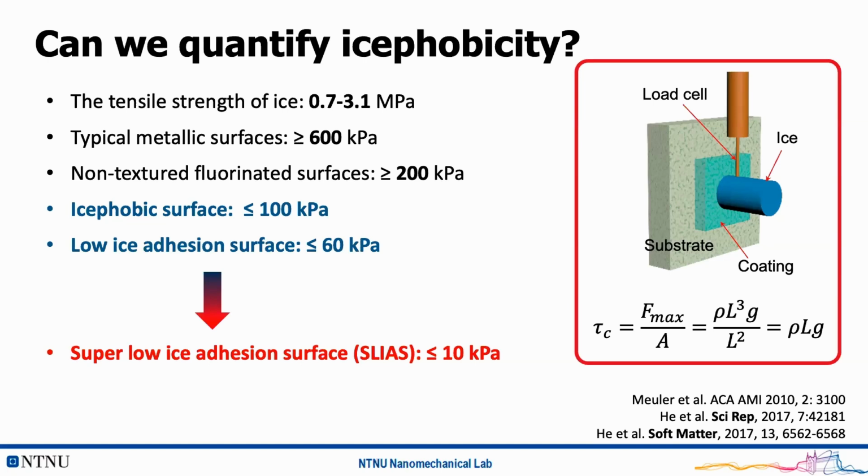Talking a little bit more about that, the ice itself has a tensile strength of up to 3 megapascal, while a typical metallic surface, without any surface structuring, has an ice adhesion larger than 600 kilopascal. A polymer surface without other surface treatment, with low surface energy functional groups, is around 200 kilopascal.